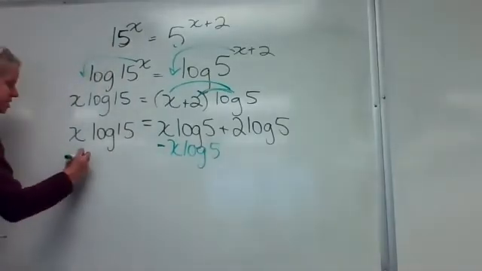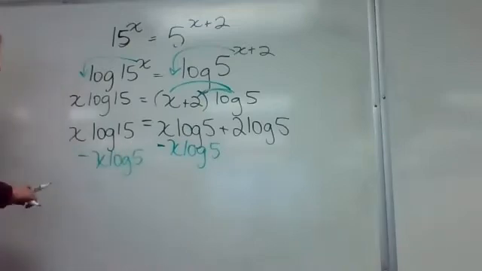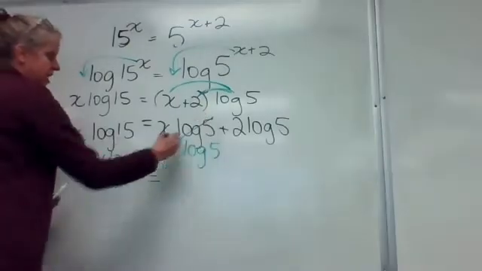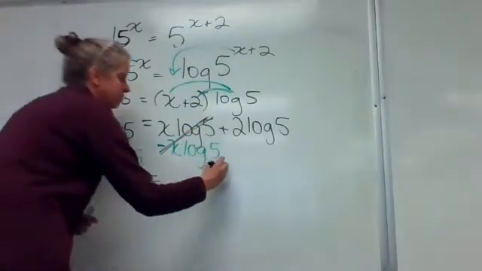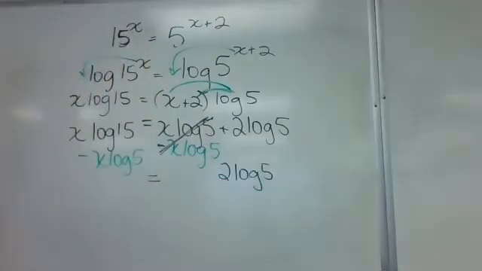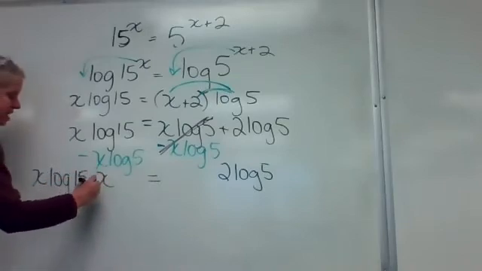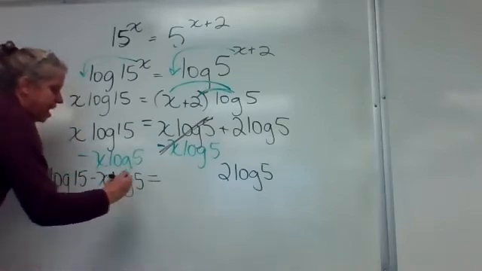So I'm doing minus x log 5 on both sides. So it cancels in here. So all I have left on the right is 2 log 5. On the left, I can't put these terms together, so I'm just going to have it all the way written out. X log 15 minus x log 5.